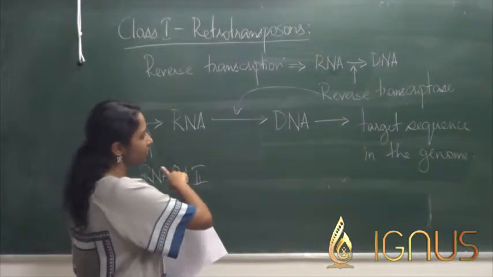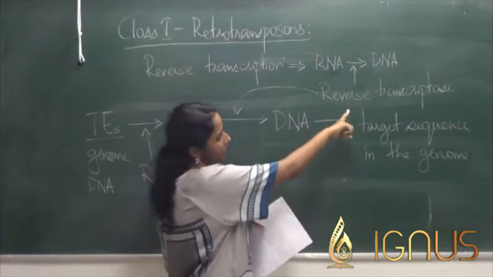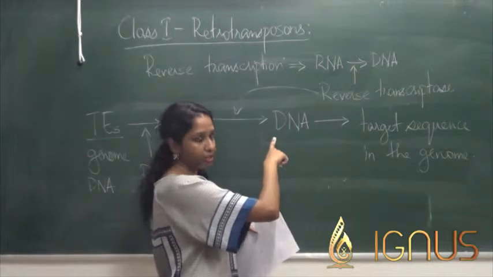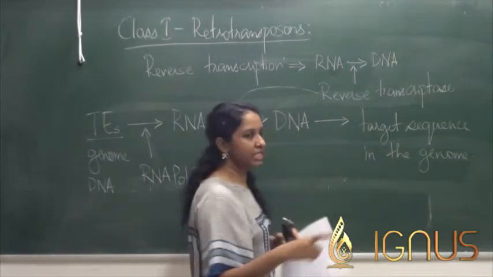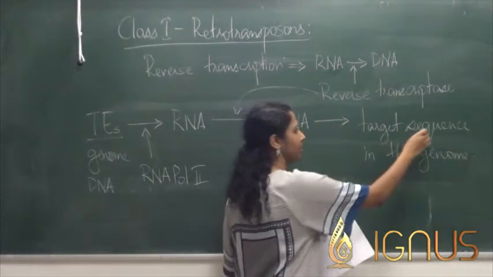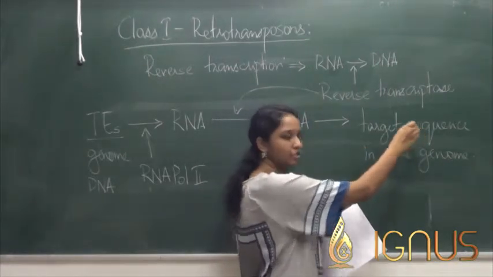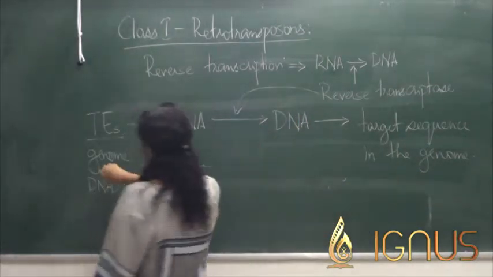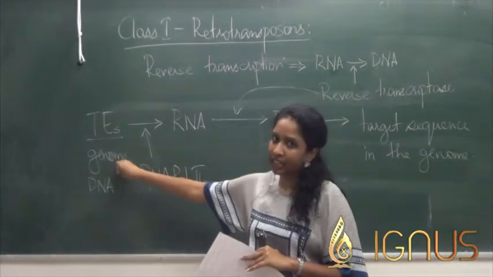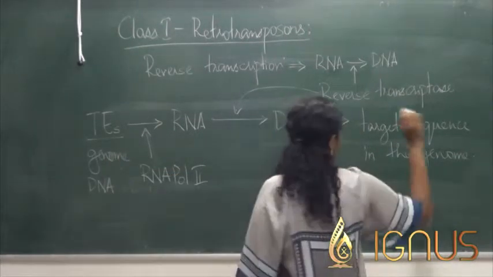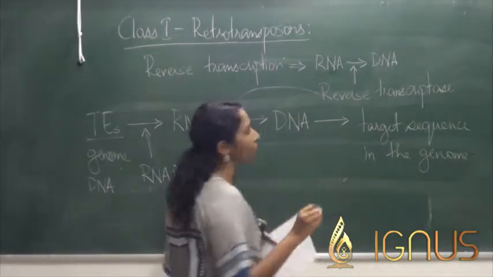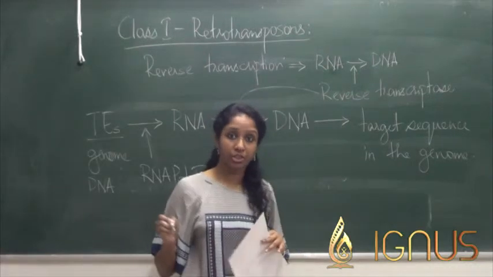Now RNA is going to get converted to DNA by the enzyme reverse transcriptase, and now this free DNA segment is going to get integrated into a specific target sequence in the genome, and this place where it is going to get integrated is very different from the place where it was before. So it is not going to get integrated at the same place, but rather in a very different place in the genome. So this is how retrotransposons move from one location to another.